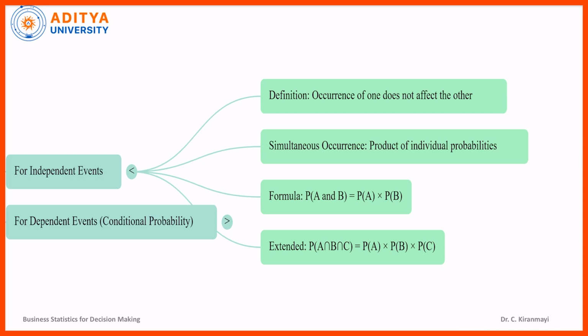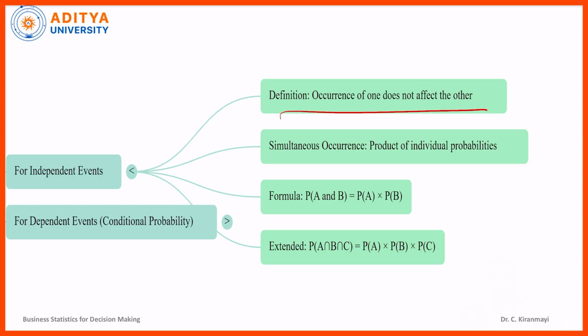Before understanding the multiplication theorem, we must understand what is an independent event and what is a dependent event. For an independent event, if we toss a coin, the occurrence of head in the first toss is independent of the occurrence of head in the second toss.